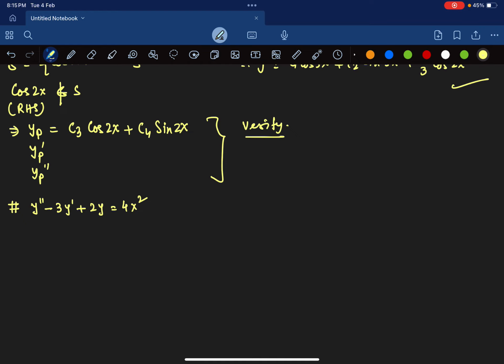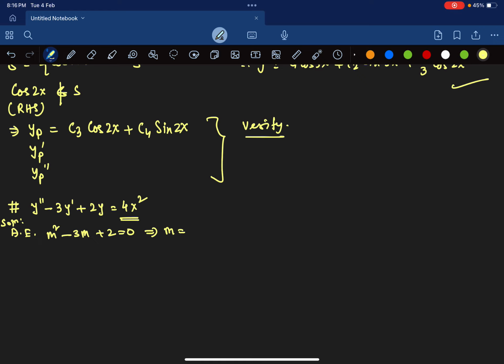In this case, just observe here, what you have is a polynomial function. I already stated this polynomial function case. So first write down the auxiliary equation solution: m square minus 3m plus 2 is equal to 0.